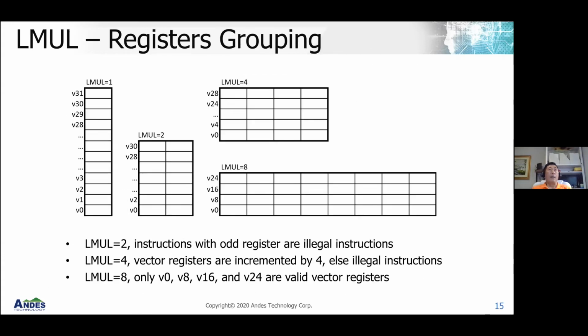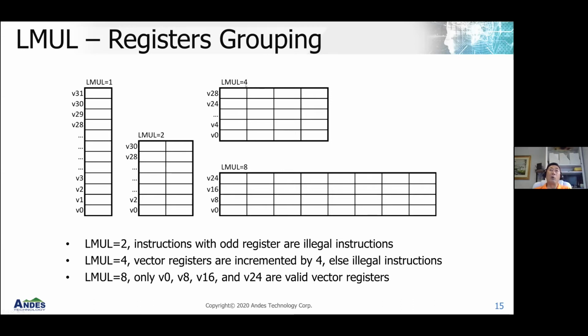Okay. Now, register grouping. For LMUL equal 1, you have 32 registers, and each one of them is 512-bit. For LMUL equal 2, you only have a 16-entry register file, but each one of the registers is now 1K bit.